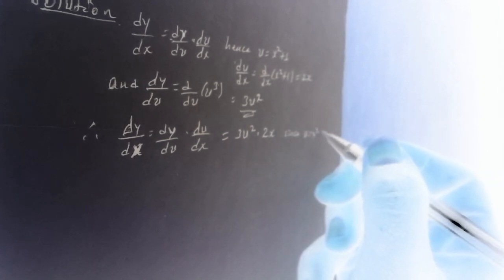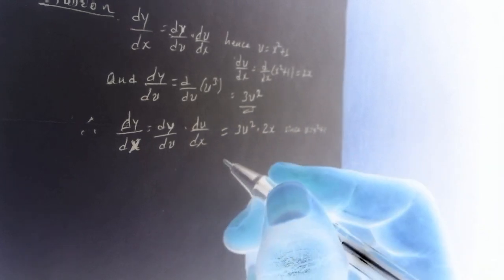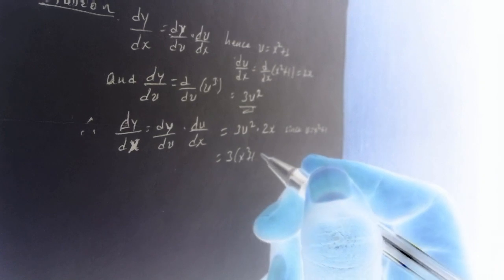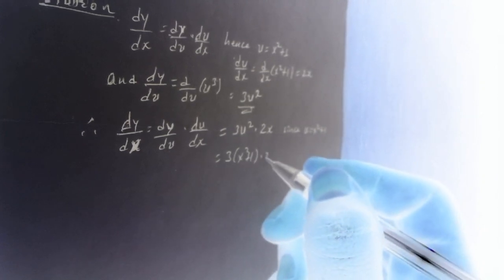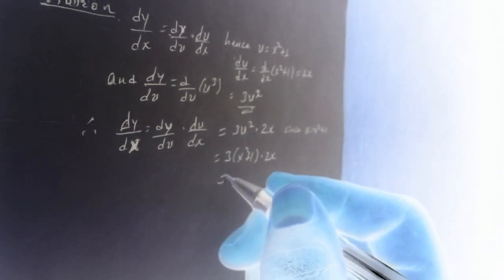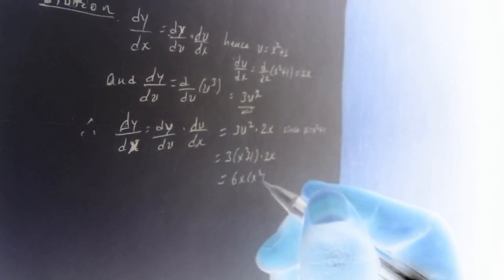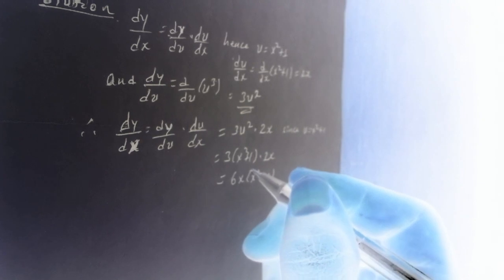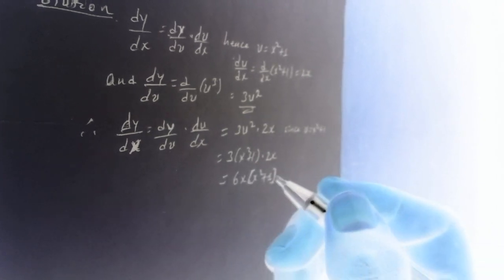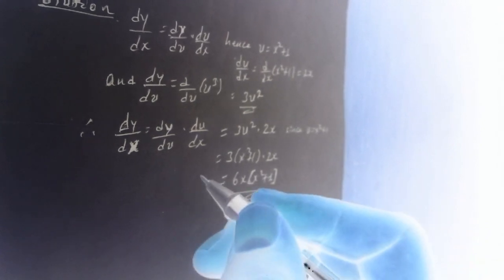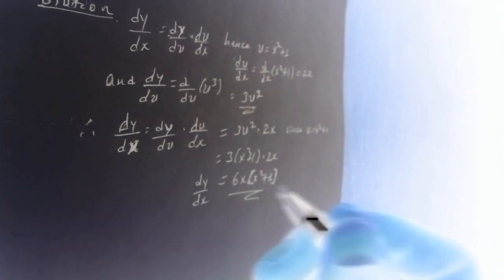Since u equals x squared plus 1, we can substitute in place of u: 3 times x squared plus 1 squared, times 2x. Therefore, 6x times x squared plus 1 squared is the value of dy by dx.